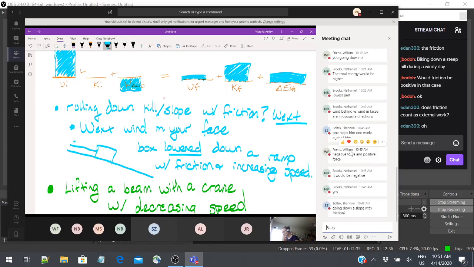Because the rope is doing negative work, it's against the direction that the thing is going. This might also be, you could do like a person in an elevator, right? Elevator's going down, it's speeding up. There's some friction slowing you down, but also there's hopefully a cable in your elevator slowing you down, right? Does this all make some sense? Hopefully, yes.